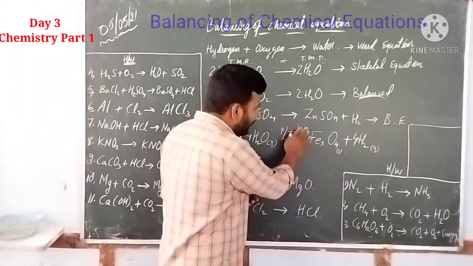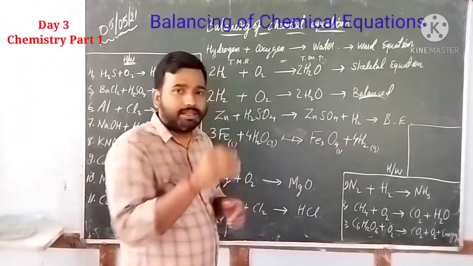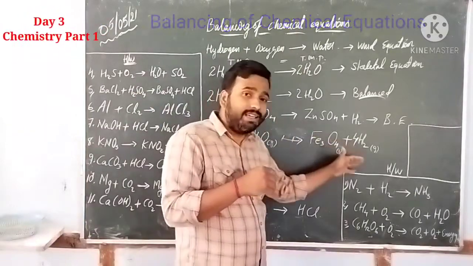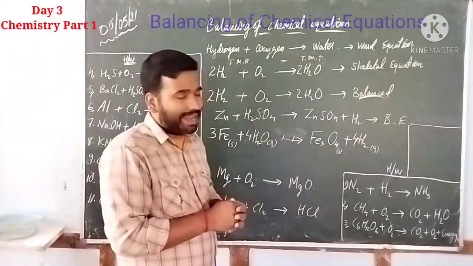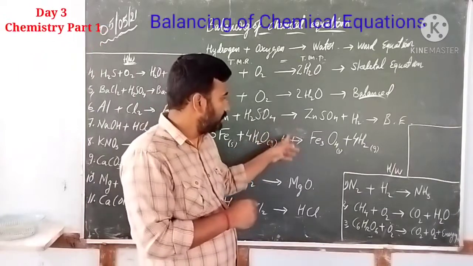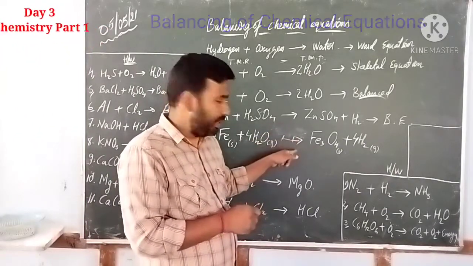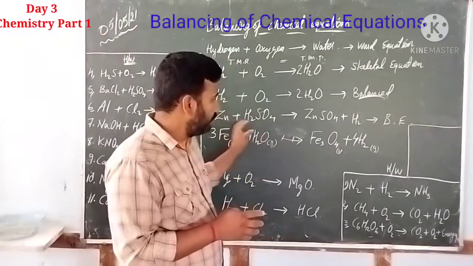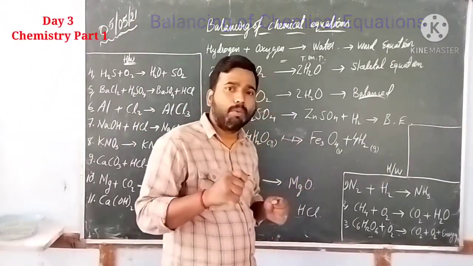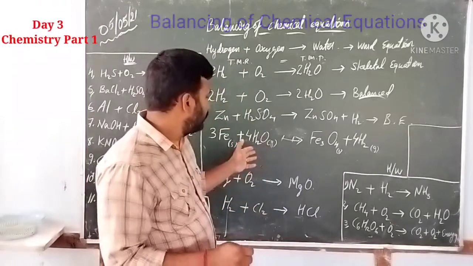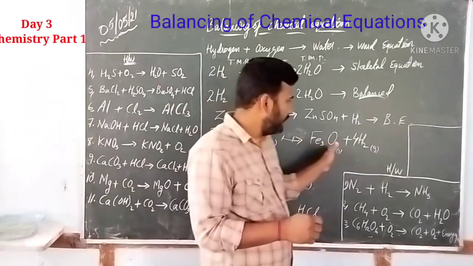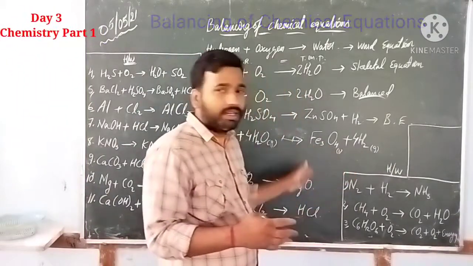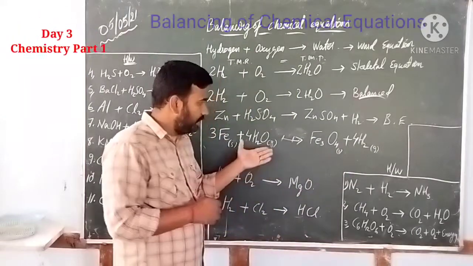These are the reaction conditions that are essential for carrying out this chemical reaction. They can be represented either above or below the arrow mark, so that we can make this chemical equation more informative.